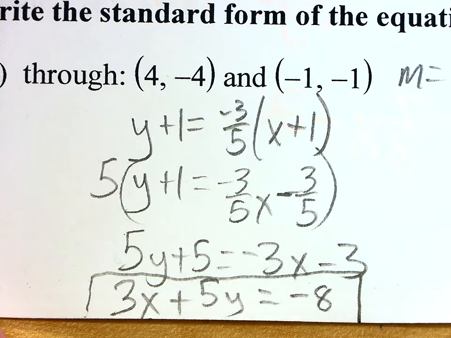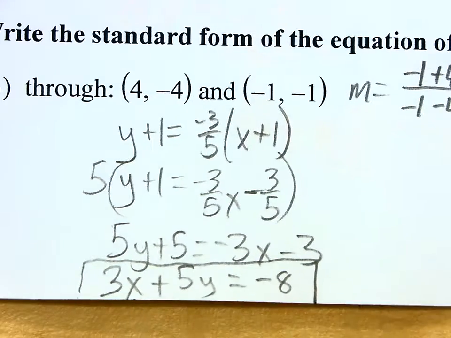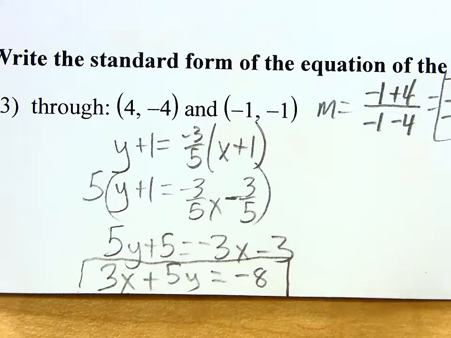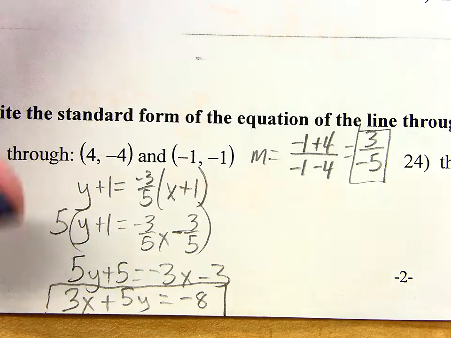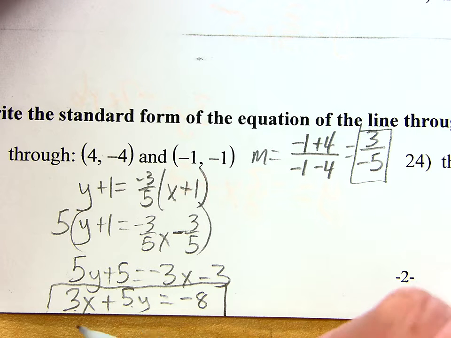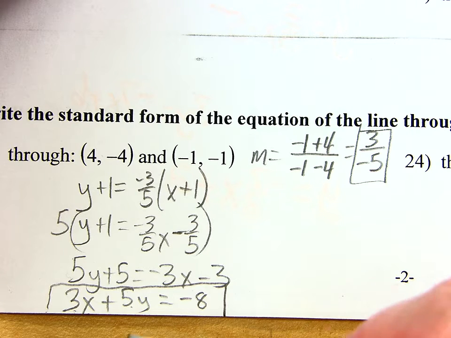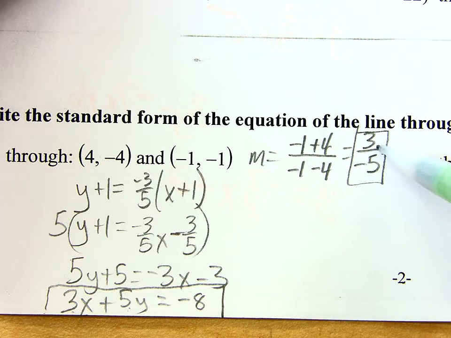By the way, if this were a test or a quiz, I know you guys are anti-checking your work, but a really quick thing you could at least do is, remember how to find the slope if it's in standard form? How do you find the slope of a line in standard form? Negative a over b. So that takes half a second, right? Negative a over b, and just make sure it matches the slope that it was supposed to be.